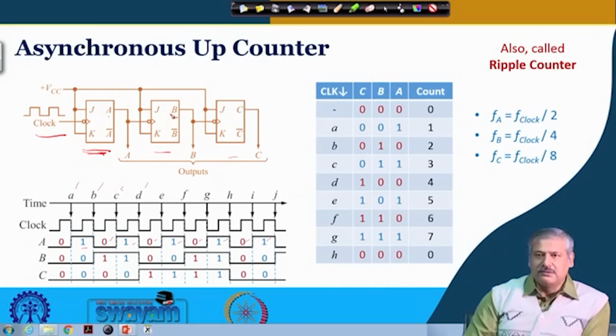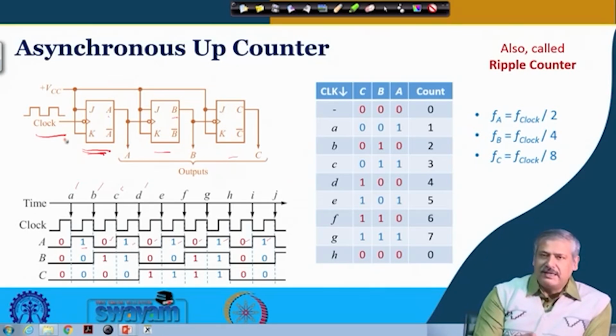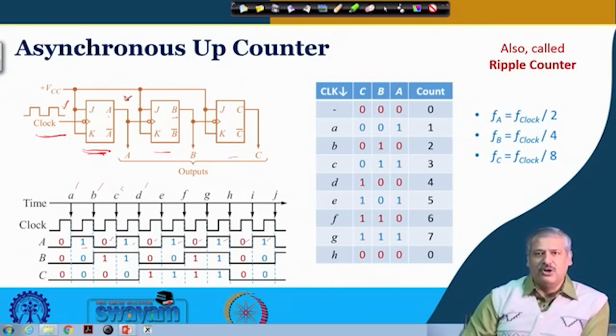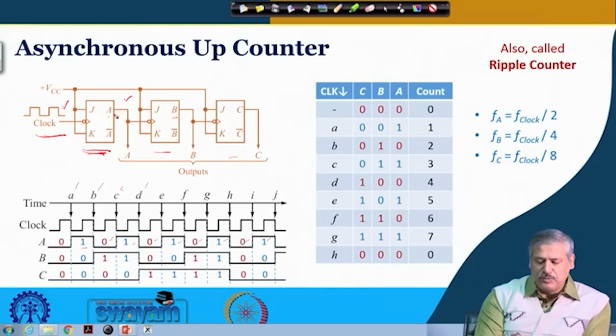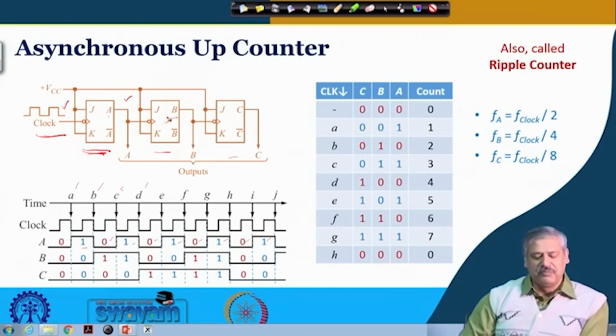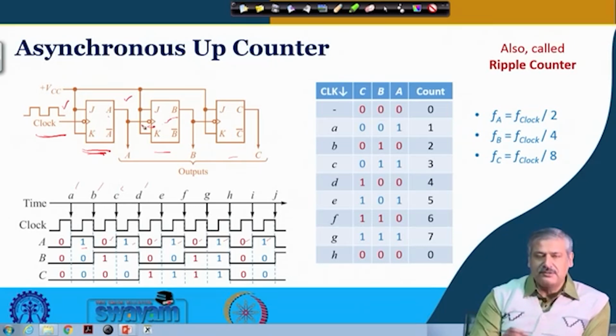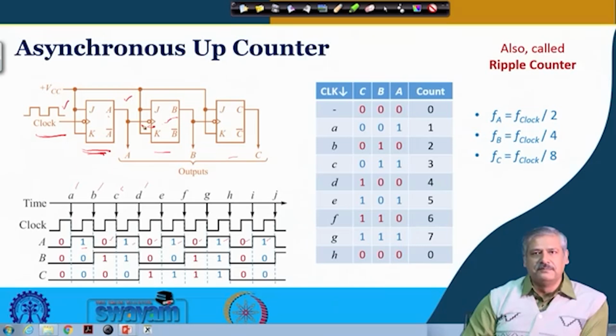This flip flop B is getting an idea about the triggering through A, not directly from the clock. So whenever A changes, the uncomplemented output A is connected as the clock to flip flop B. So whenever A changes from high to low, a trigger comes, and that is serving as a clock.